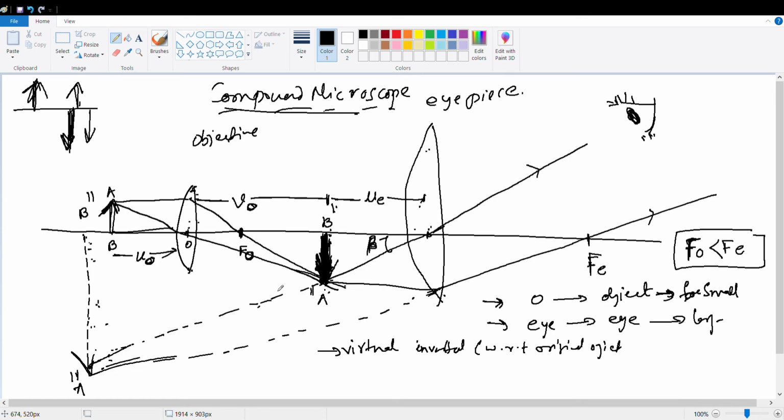But if you consider this one, this is an erect image. So you have to write down inverted and magnified image formed near the objective lens. Clear?